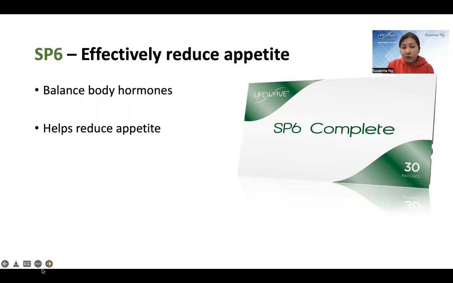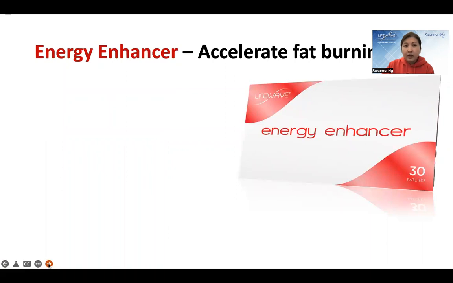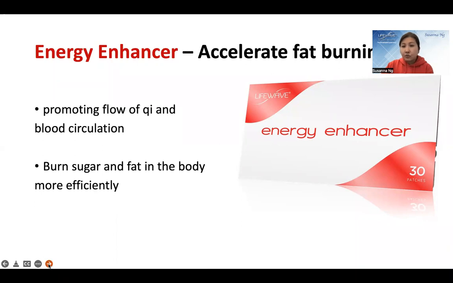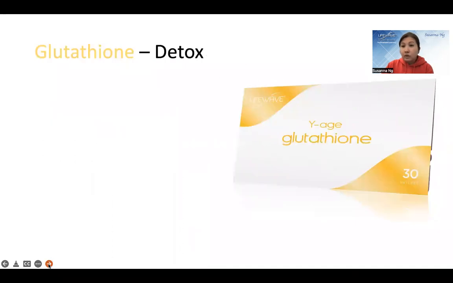metabolism situation. Energy enhancer can help burn our fat and promote more blood flow, the circulation level. So it can boost our circulation and also burn the sugar and fat in the body more efficiently. And glutathione is for detoxing.